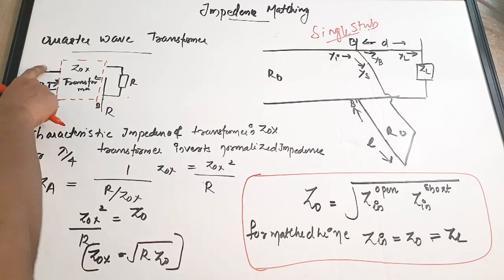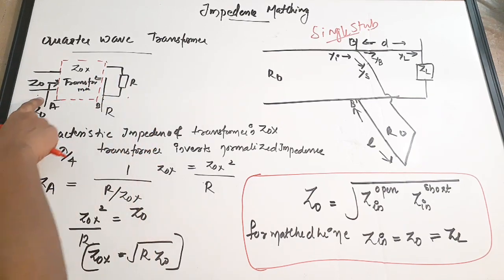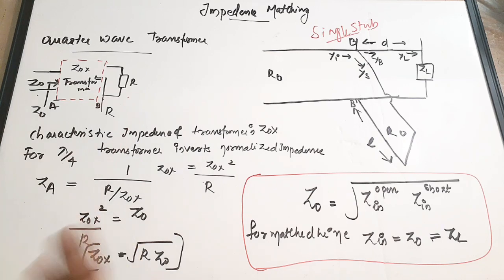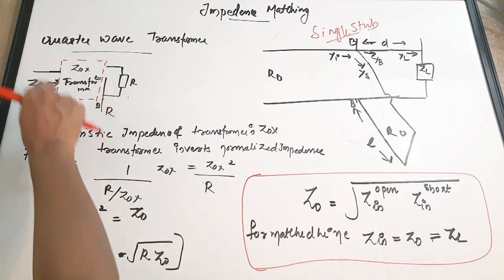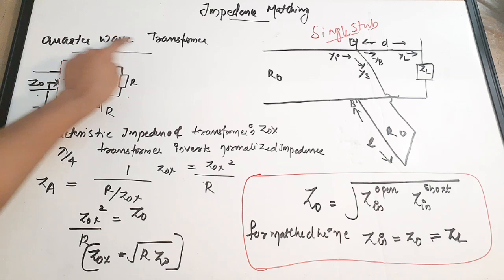That means you can connect one transmission line here and another transmission line here, and if the two lines have different characteristic impedances and you want to match them, you can use this technique. So for these three uses, we can use the quarter wave transformer type of impedance matching.